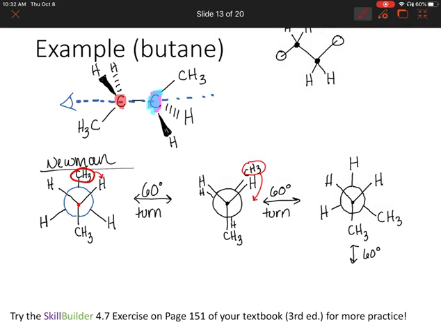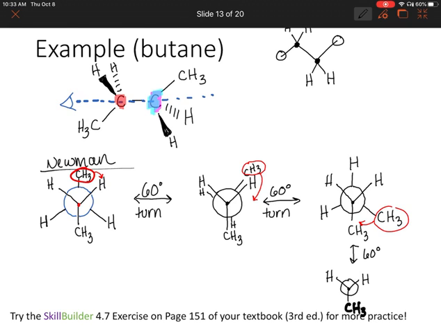So we're going to take that same methyl group and rotate it 60 degrees. Let's see if I can squeeze this in here. So our front carbon stays the same. My pen likes to go bold towards the bottom of my iPad. I'm not sure why.